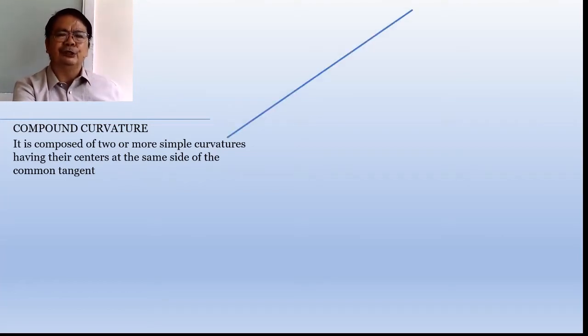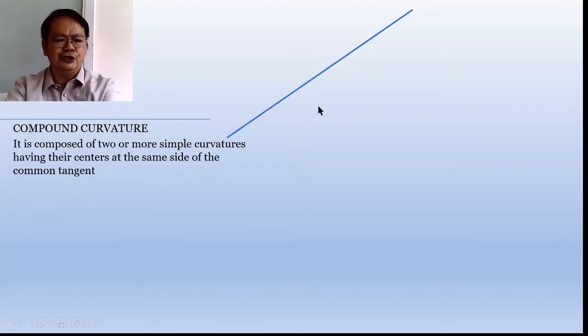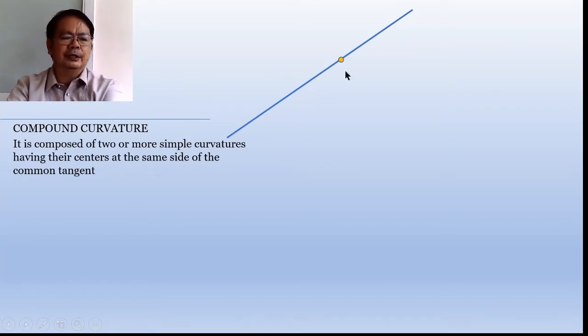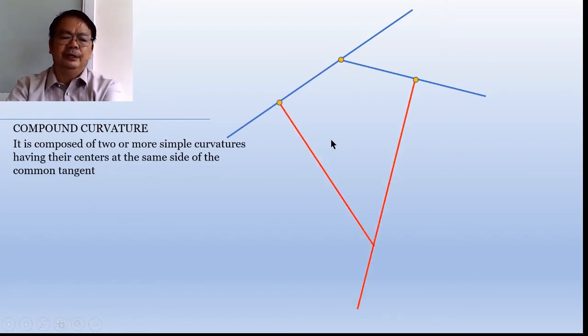Kaya ganito ang itsura ng compound curvature. Halimbawa, meron tayo ditong isang back tangent, and then somewhere on this back tangent, ay meron tayong tangent that would intersect the back tangent, and then at that point, we can now draw a simple curvature having a radius equal to r. Diba?